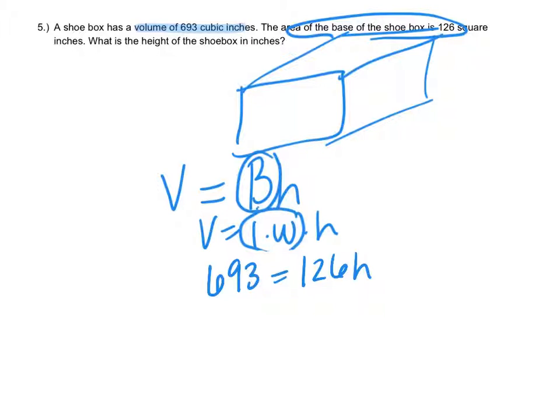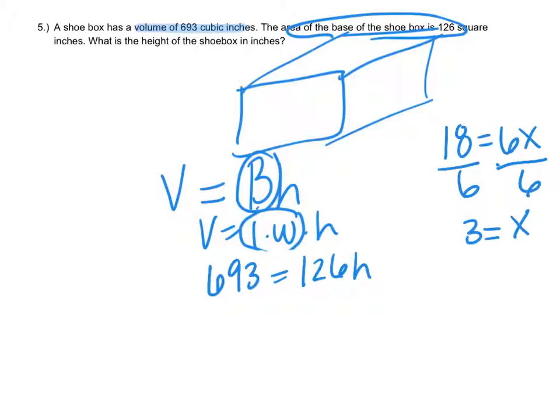Think of that H as an X. We're solving for the missing value. If I had a simple one like 6X equals 18, how would I solve for X? You do the opposite. I would divide by 6 on both sides, and X would equal 3.